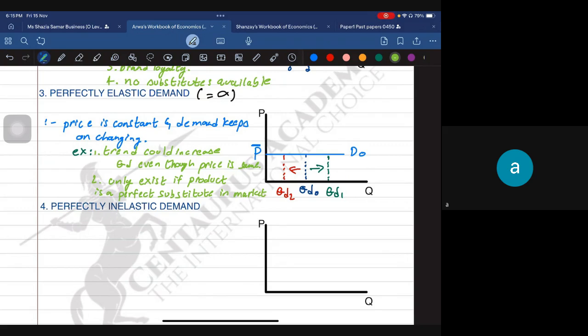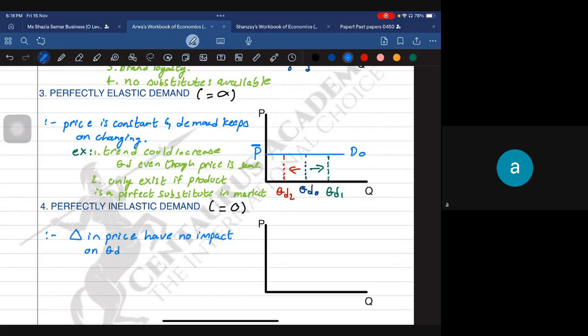Now perfectly inelastic demand. Perfectly inelastic equals 0. In this, the price keeps changing, but the demand stays constant. The change in price has no impact on the change in quantity demanded.